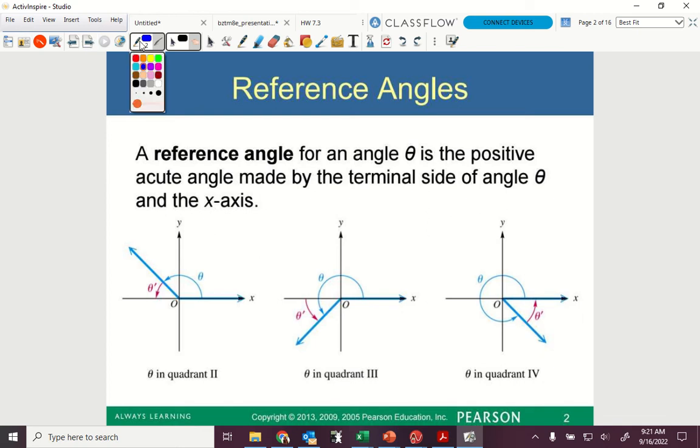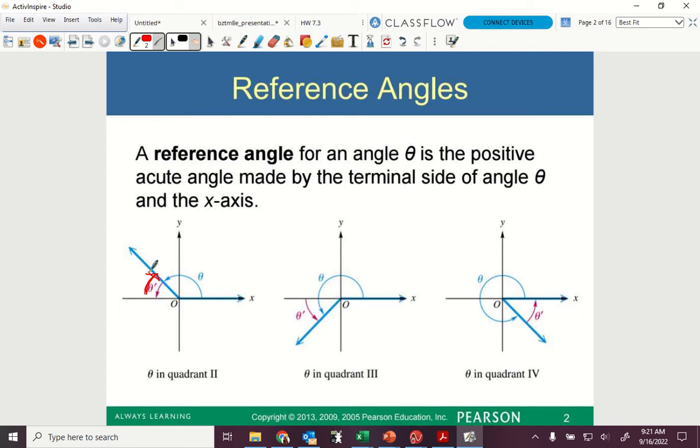My reference angle is always going to be the shortest distance from my angle to the x-axis. So it's always going to be less than 90 degrees. Okay, so that's your reference angle.